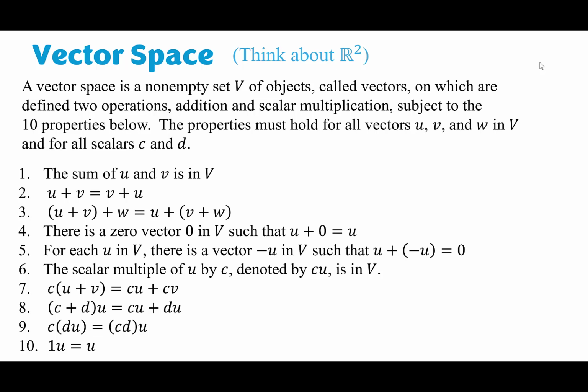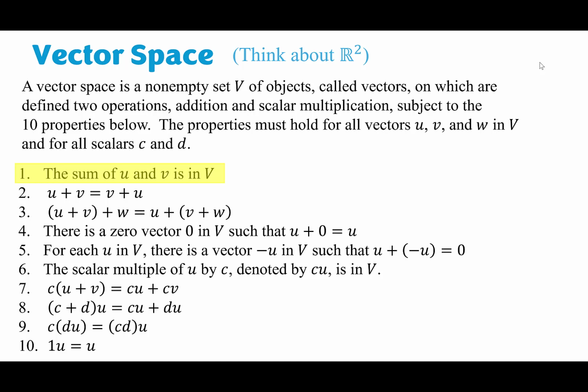All right, so let's look at the first property. The sum of the vector u and the vector v is in the vector space. So think about R2. If you add any two vectors, u and v, that live in R2, you get another vector that lives in R2. So that still is in the vector space V, where V is R2.